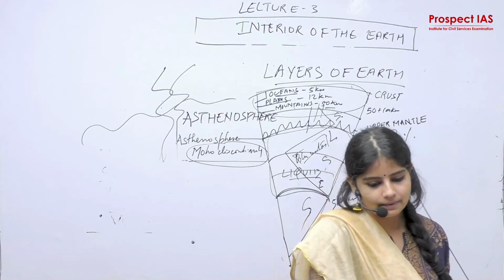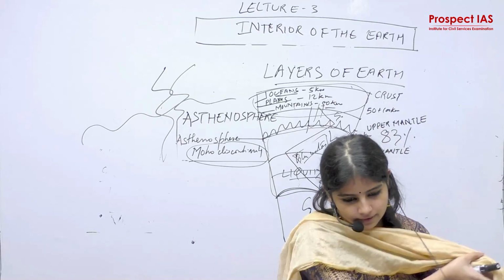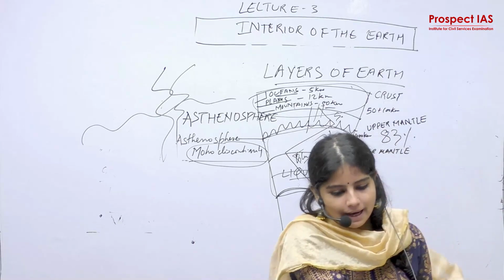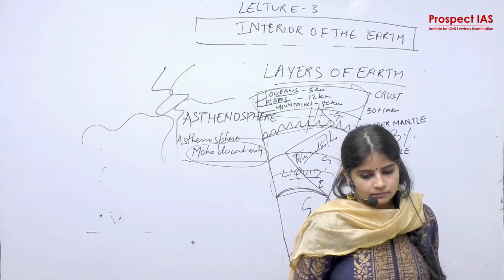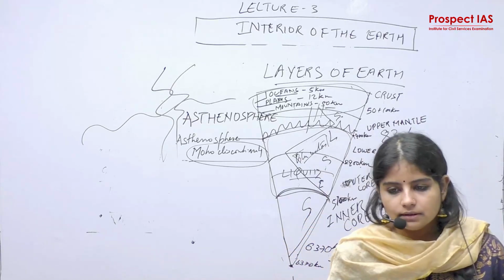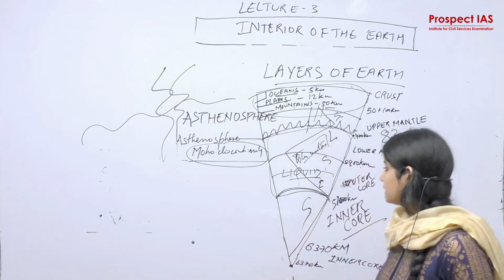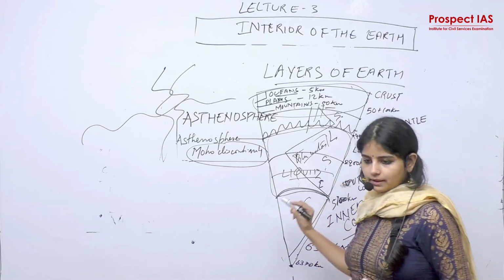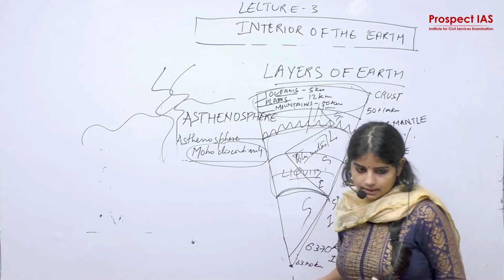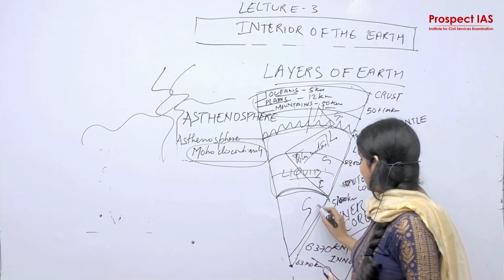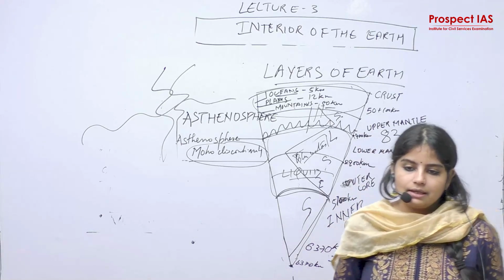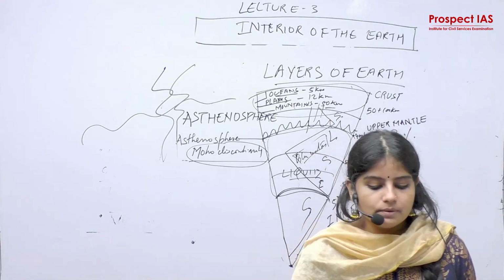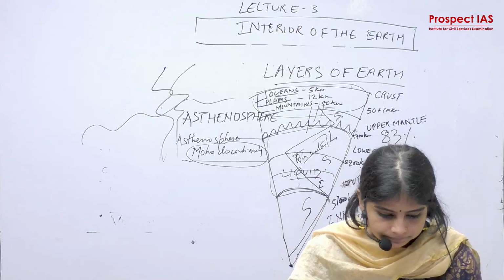So this is how you can write the third layer of the Earth, the core. The outer core is in the liquid or molten state. But the inner core, at 13,000 Kelvin temperature, is in the solid state.